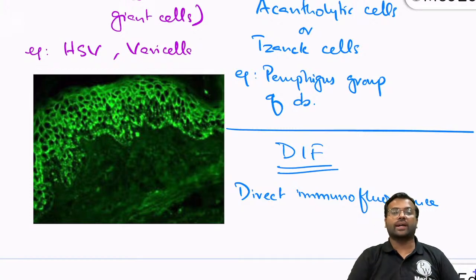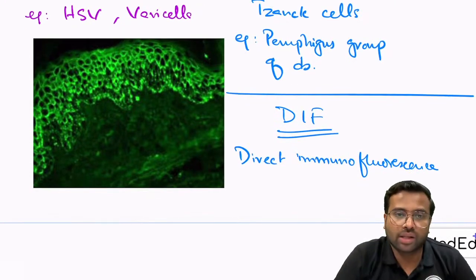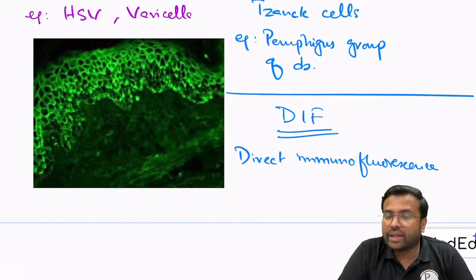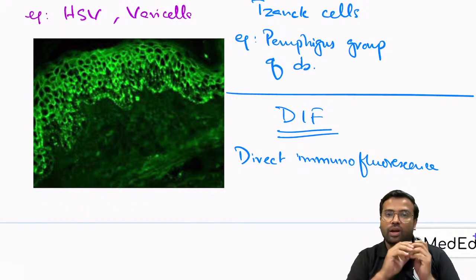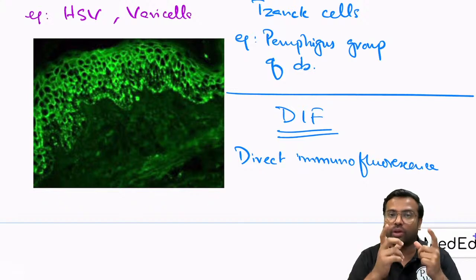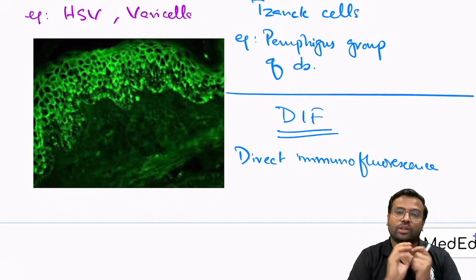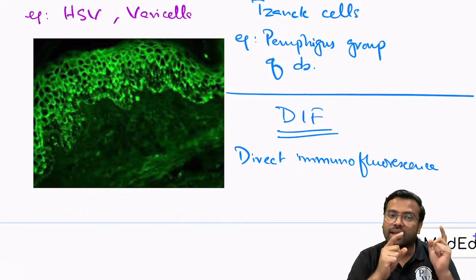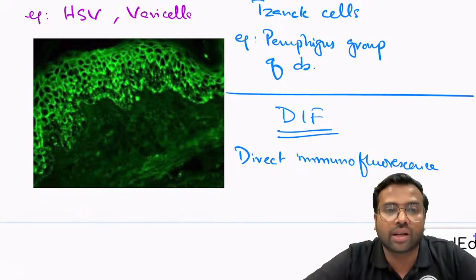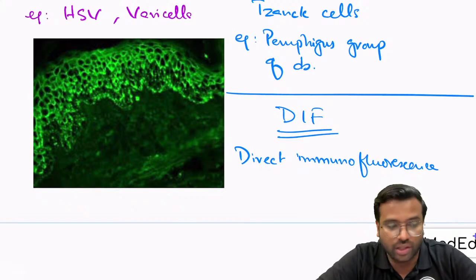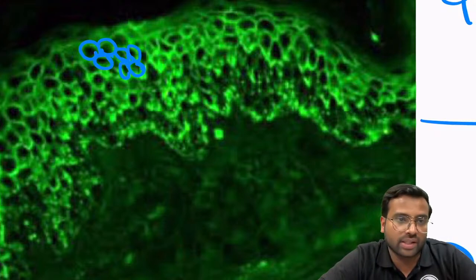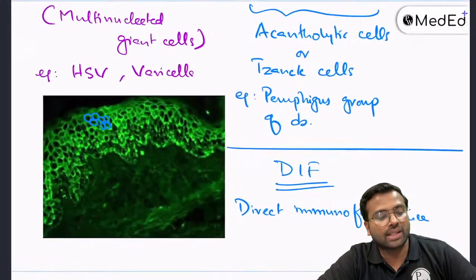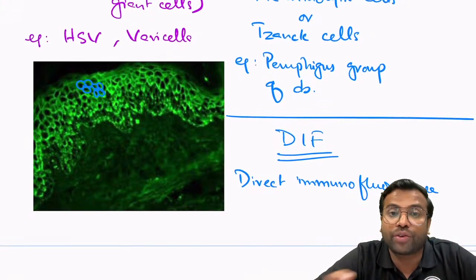What is happening in direct immunofluorescence is that we take perilesional skin and examine it under the microscope for fluorescence. You can see that some part of this image has a greenish discoloration, isn't it? This entire part has taken up greenish fluorescence. This kind of appearance that you can see in this image, we call a chicken wire pattern or a fishnet pattern.